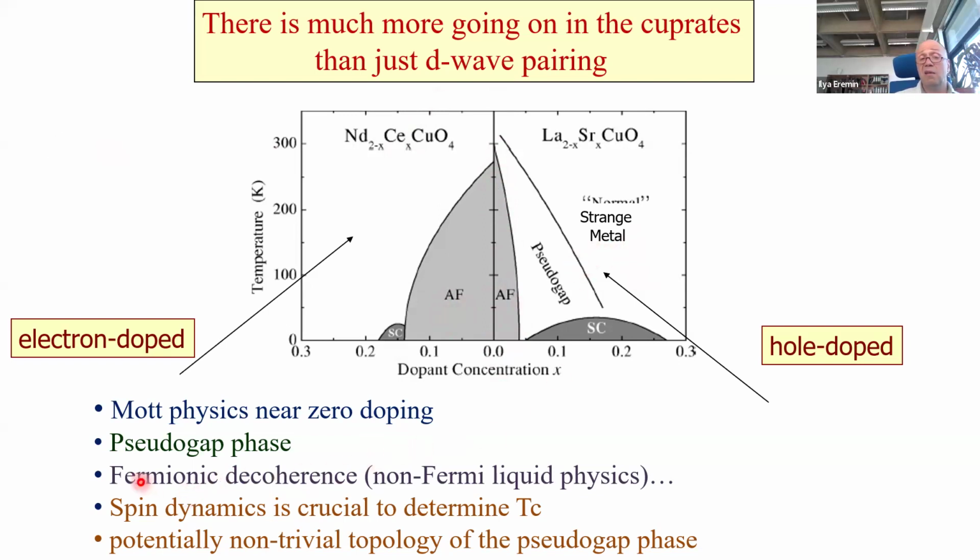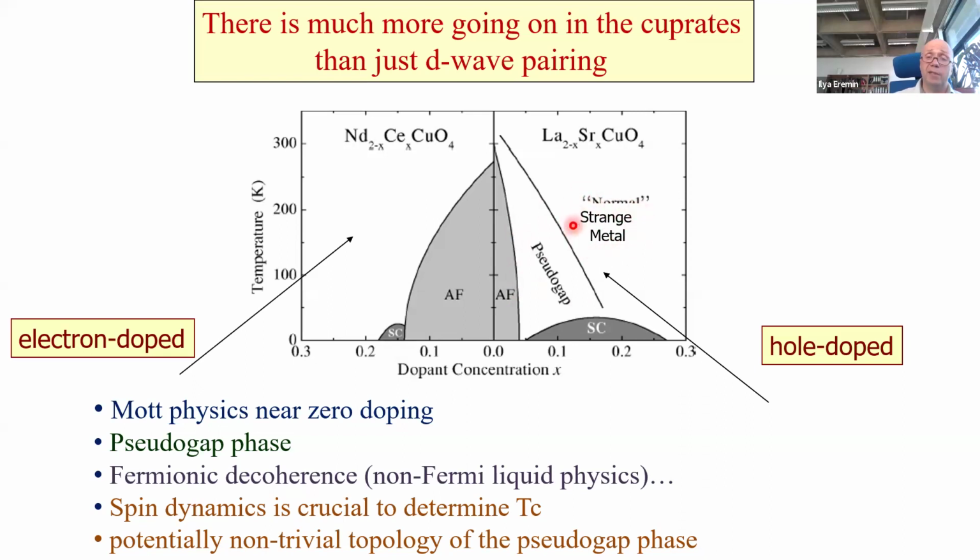The reason is that the behavior of the quasiparticles in the normal state is not well understood. Firstly, because we still don't know the origin of the pseudogap, but also because there is an ongoing discussion about how well defined the quasiparticles are.